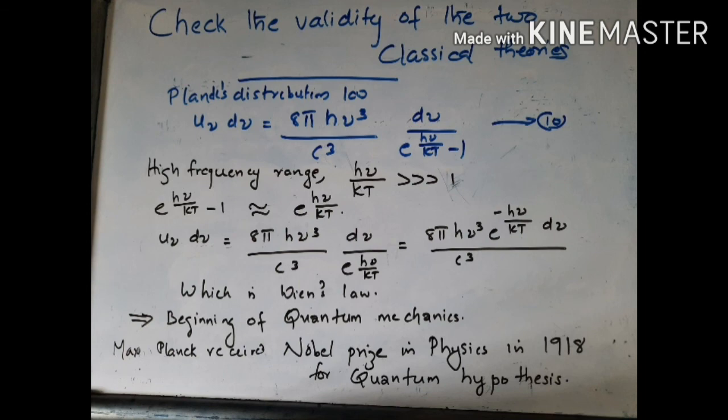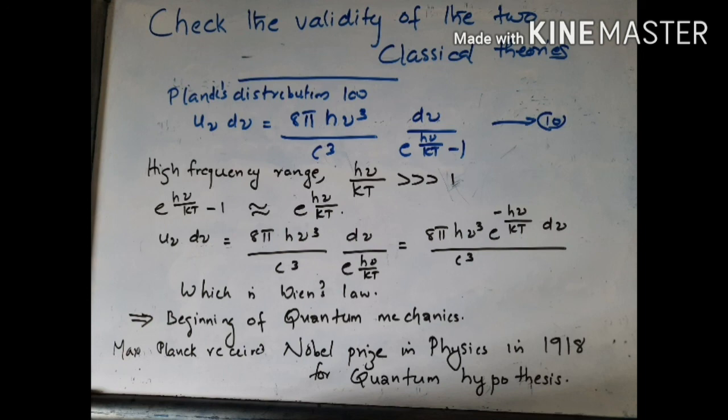If we put that particular case in the above equation number 10, the energy density u_nu d nu is given as 8 pi h nu cubed by c cubed, d nu divided by e raised to h nu by kT.